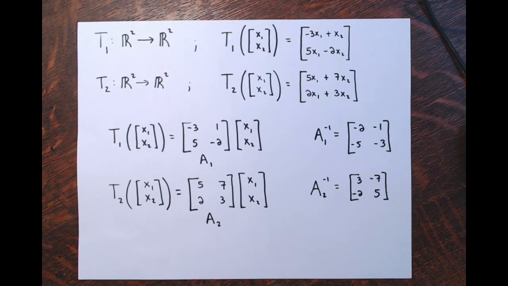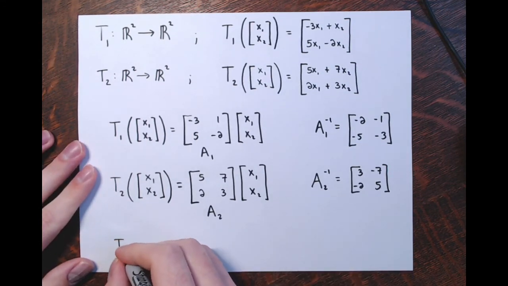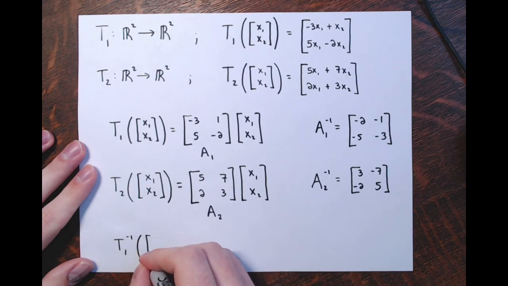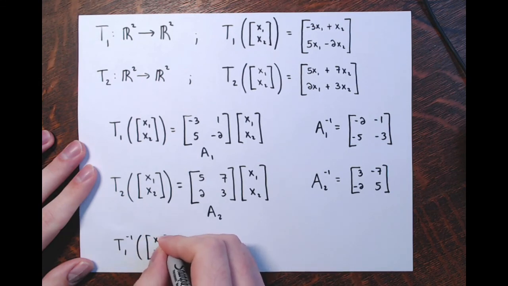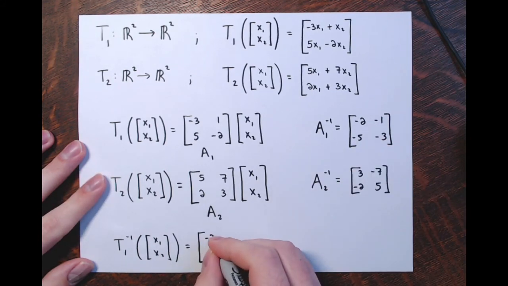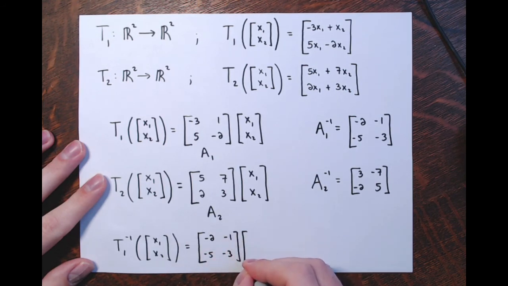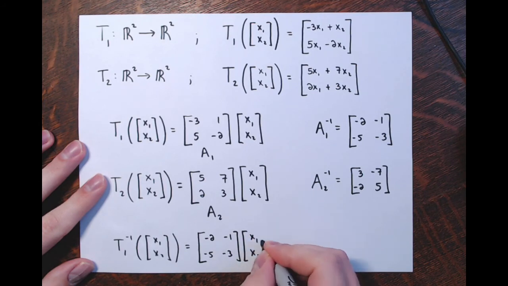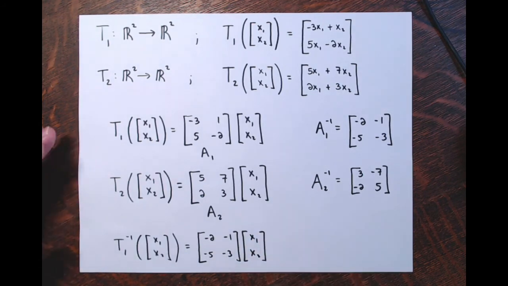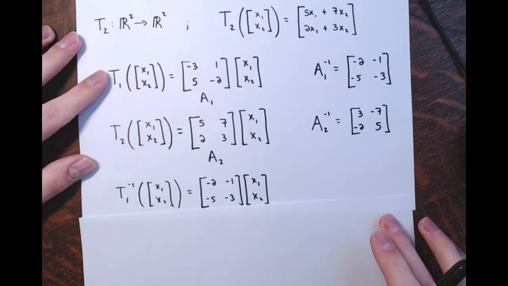And yeah, so I got the inverses, and then we can say what T1 inverse is, right? So T1 inverse of x1, x2 would be this A1 inverse times the input vector, and T2 inverse, the inverse of this transformation, would also be easily found.